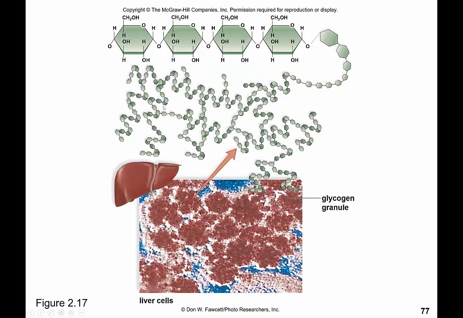This is similar to glycogen, which is also a storage form of glucose, but this is going to be in animals rather than plants. Again, we have these glucose subunits or monomers that have been joined together by dehydration reactions or synthesis reactions. We have more branching here of those glucose subunits.